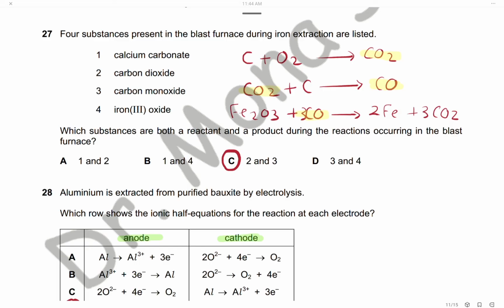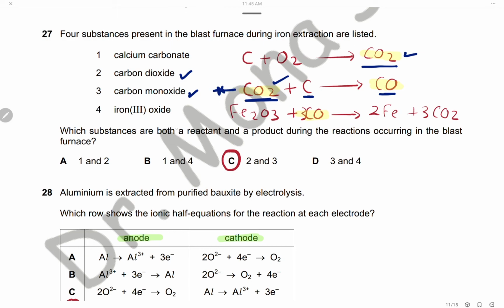Here, we will choose carbon dioxide and carbon monoxide, and that's why. Carbon dioxide is a product in the first equation, when carbon burns in the presence of oxygen to form carbon dioxide. Then carbon dioxide is a reactant when it reacts with carbon to produce carbon monoxide. So carbon dioxide can be a reactant and a product.